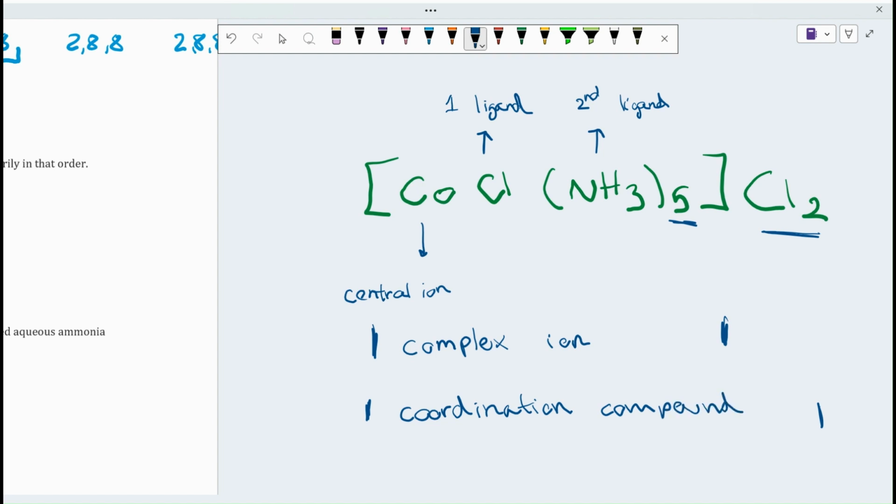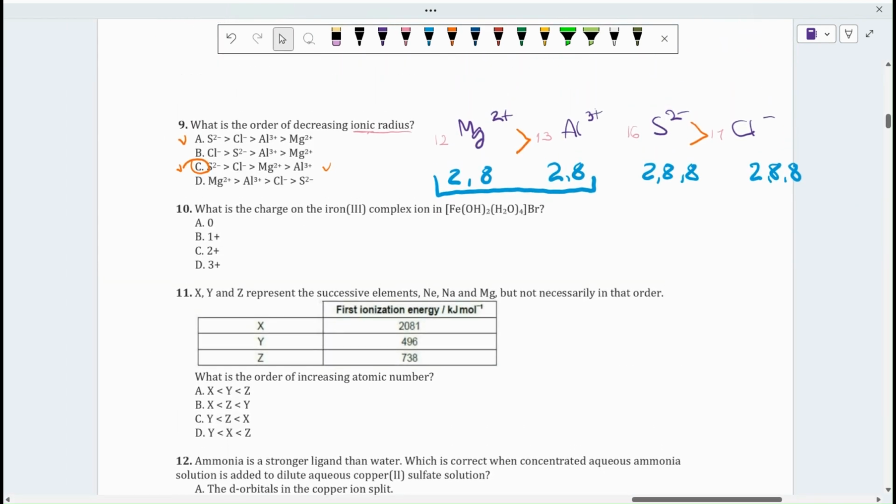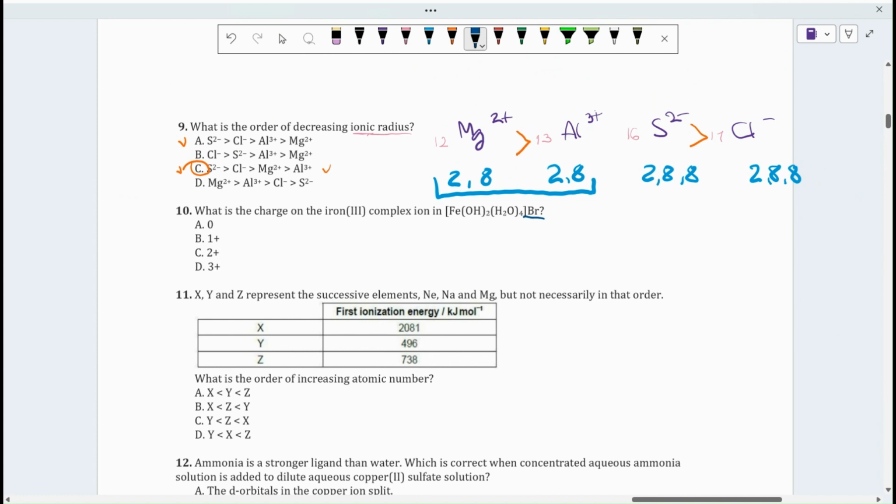And the coordination number for this particular one would be 6, because we have 6 ligands. 1 chlorine, 5 ammonias. Okay, and this question asks us about the charge on the complex ion. So we don't care if there's anything outside of the brackets. Do we have anything outside of the brackets? We do. We have that bromine, and again, we don't worry about that.